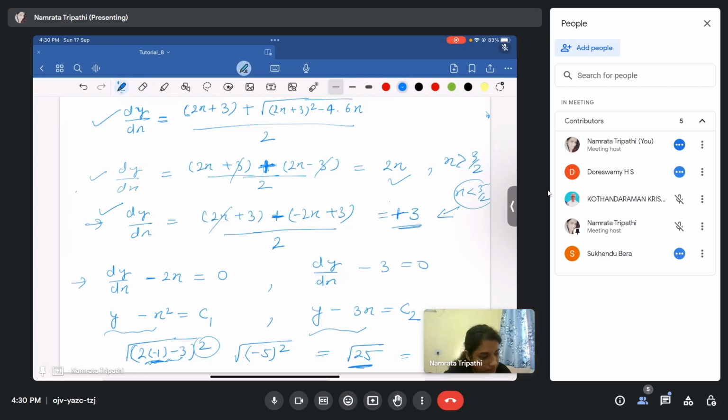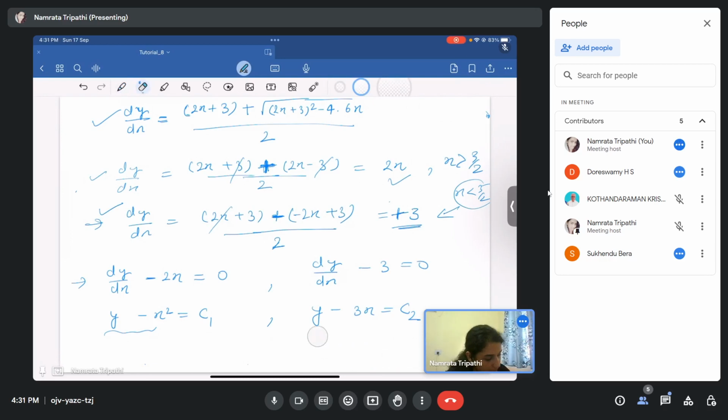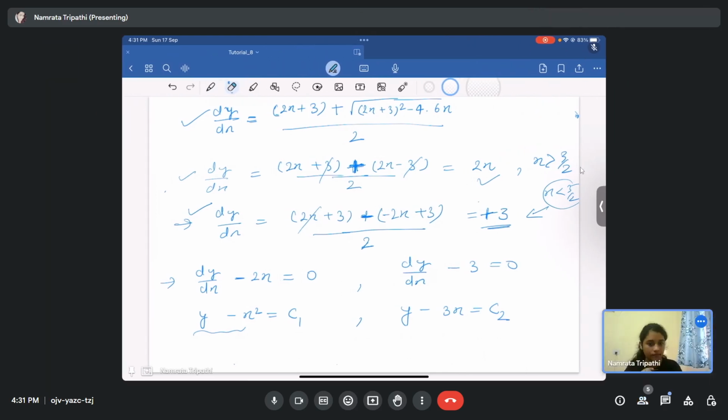And you will get similar two characteristic equations. Fine.